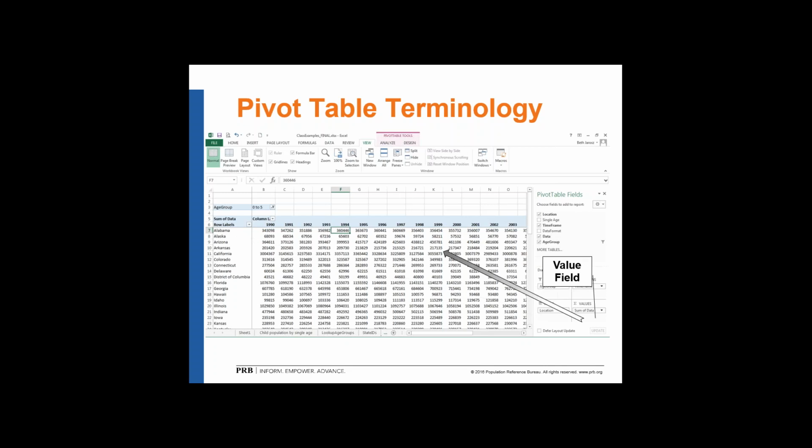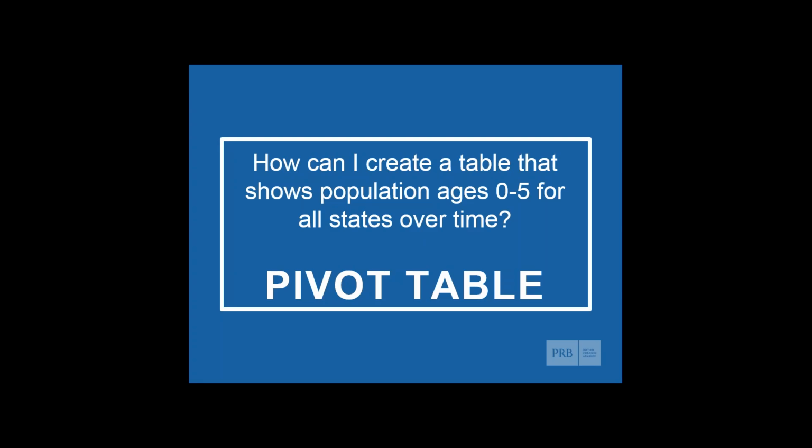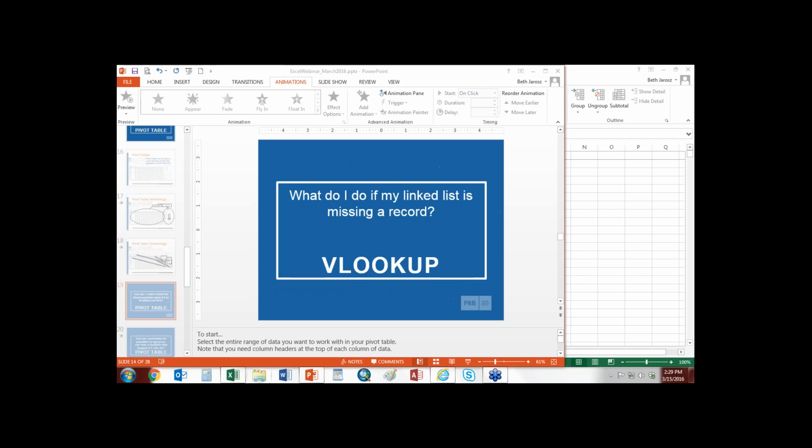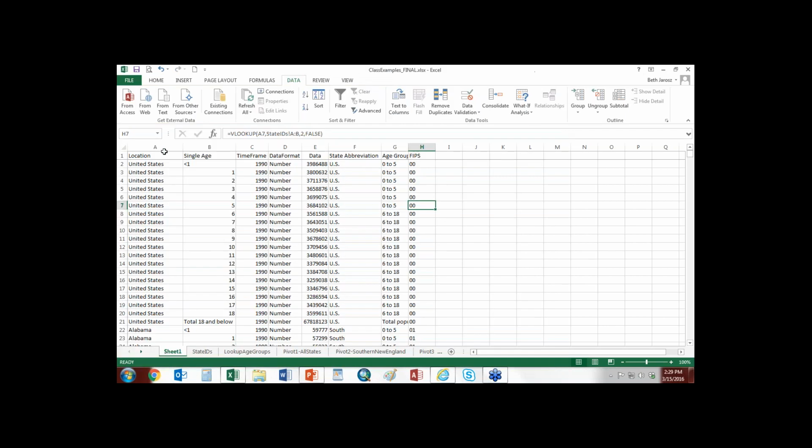The value field is going to populate the middle, so that's basically what you think of as the cross-tabulation. That's the data you're cross-tabbing. And then we can also filter the data, and the filter shows up as a little section above your cross-tab. So let's go ahead and jump into an example.